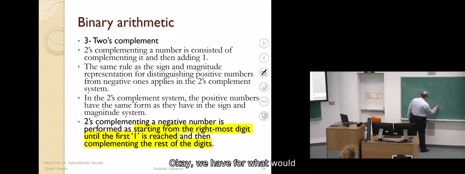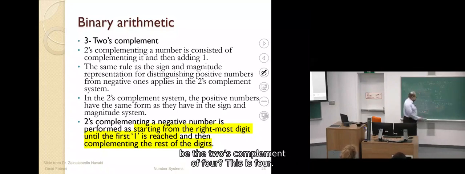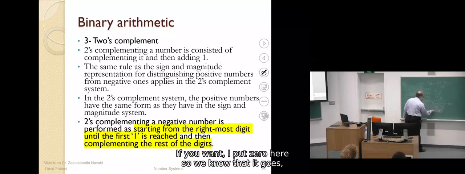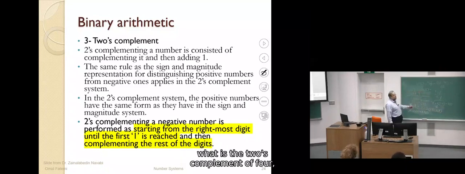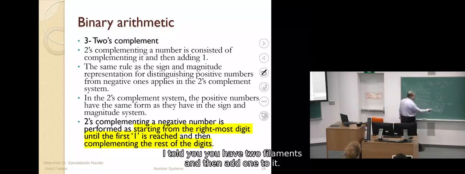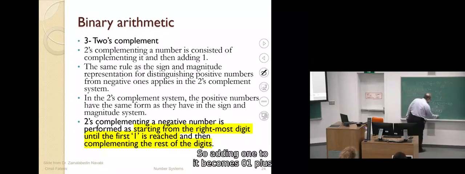Okay, we have 4. What would be the two's complement of 4? This is 4. If you want, I put 0 here so we know that it goes. What is the two's complement of 4, which means minus 4? I told you, you have to complement and then add 1 to it.